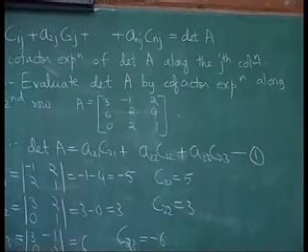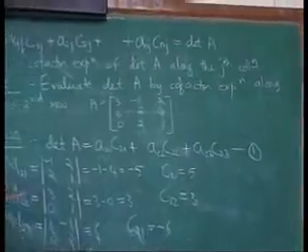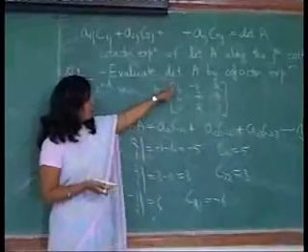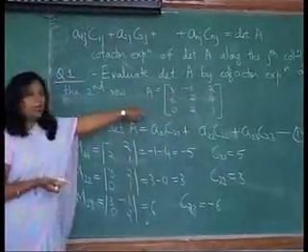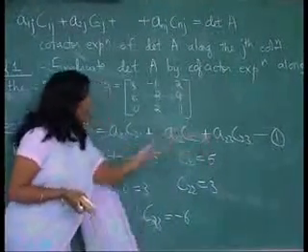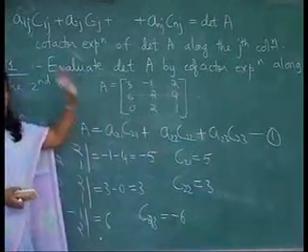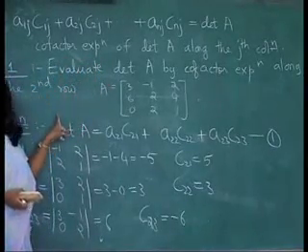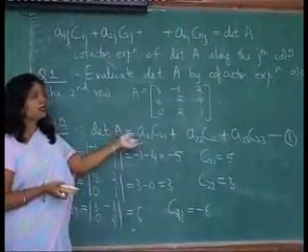At such a time, choose the row or column with the maximum number of zeros. That way you will end up doing the least number of calculations.